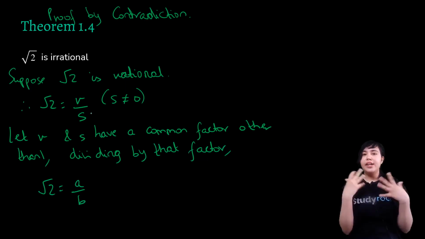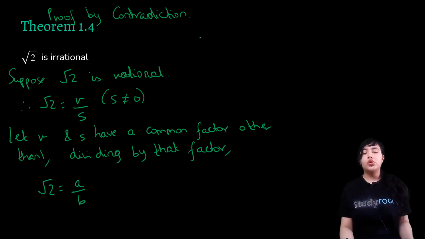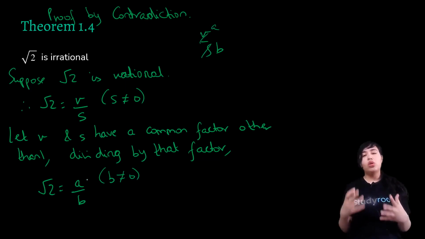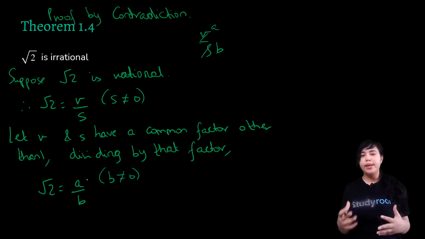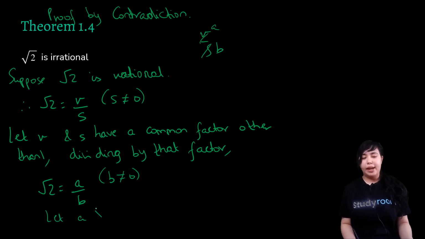So basically r and s have some common factors, so you cancel them and you ultimately get a upon b over here. Again, a and b are integers where b is not equal to 0, and we are assuming that a and b cannot be reduced any further. A upon b cannot be reduced into a simpler fraction now. So let's say that now a and b are co-prime.